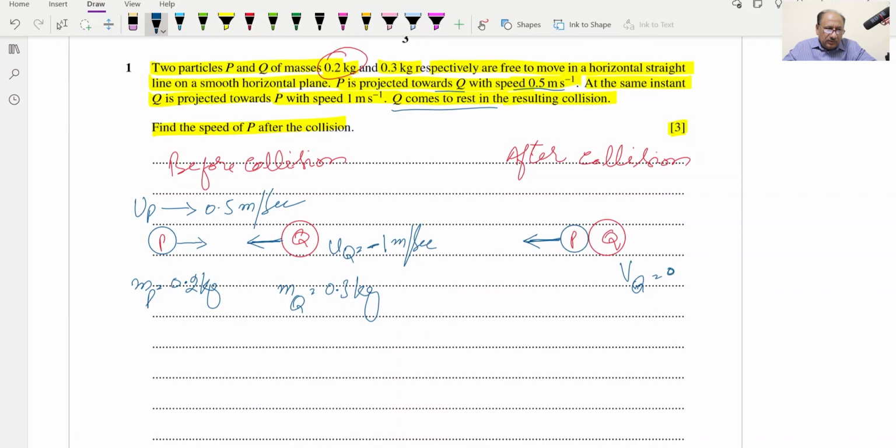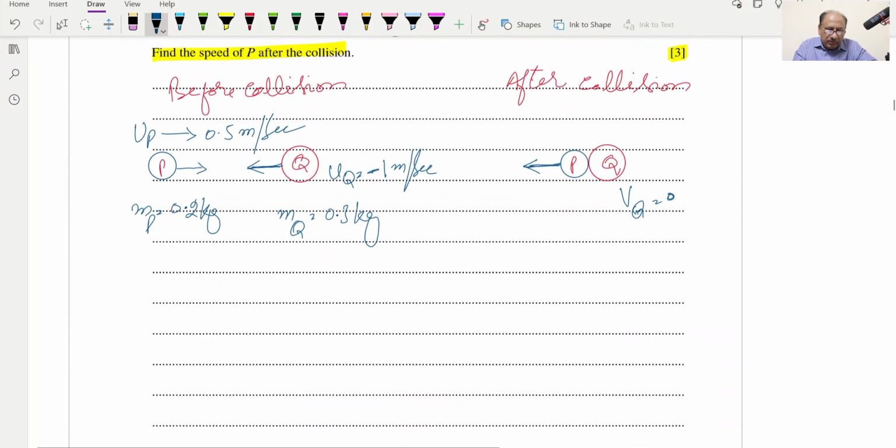So now we can write down the equation. Momentum before collision will be equal to momentum after collision.